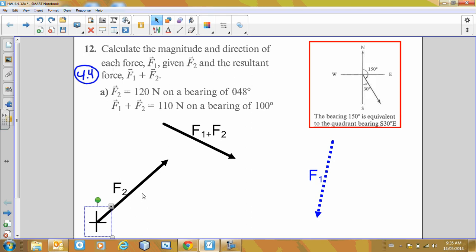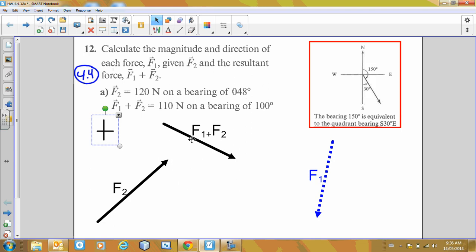Now, as I've said before, I'm not going to be concerned about drawing everything to scale, but getting closer to scale will help me visualize things a little bit as well. So something nearing 48 degrees there. And then the resultant is something nearing 100 degrees here. So 90 to there. It's not very good. This is probably closer to 130, but the idea is still the same.